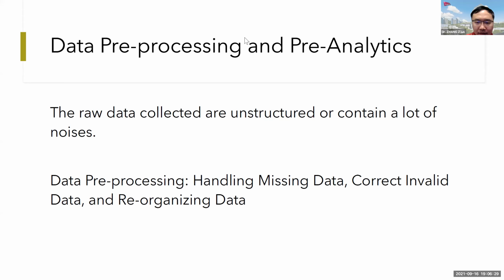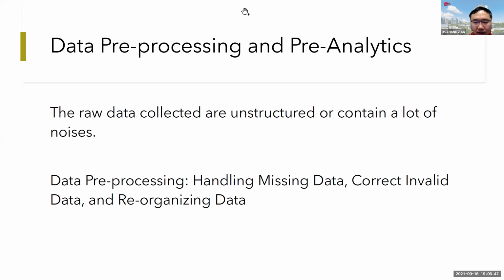So basically in data preprocessing, there are a number of tasks that you need to do. First, you need to know how to handle the missing values, okay, the missing data. Second, you need to do data auditing.